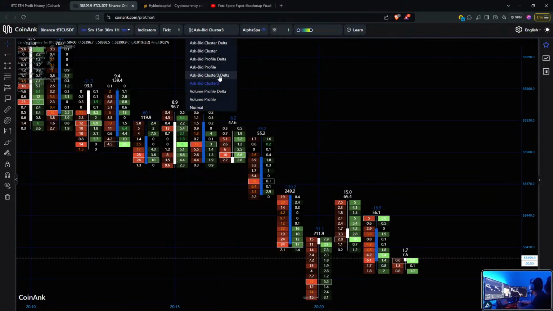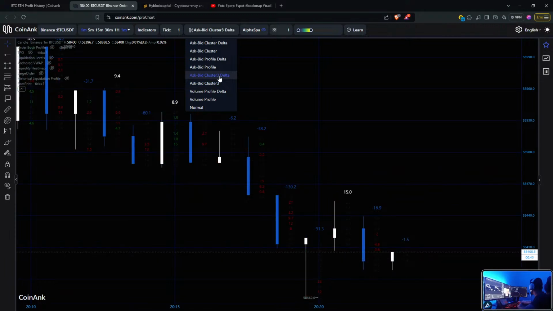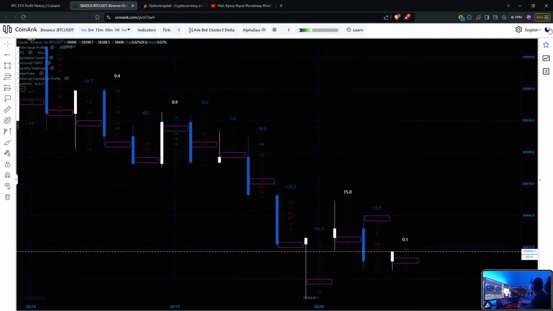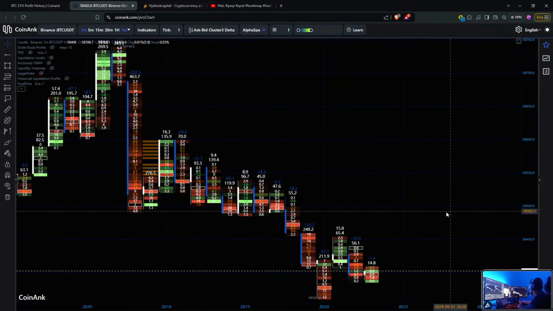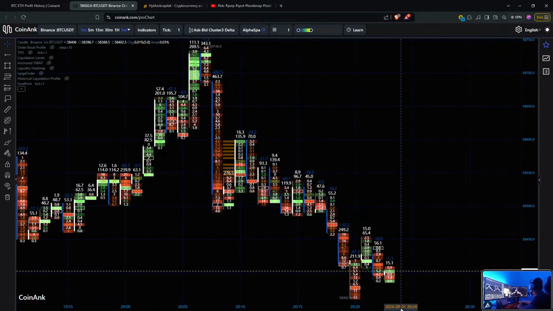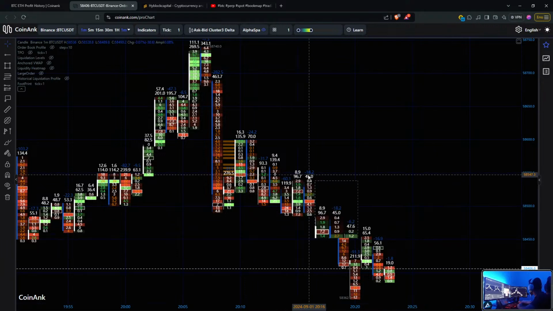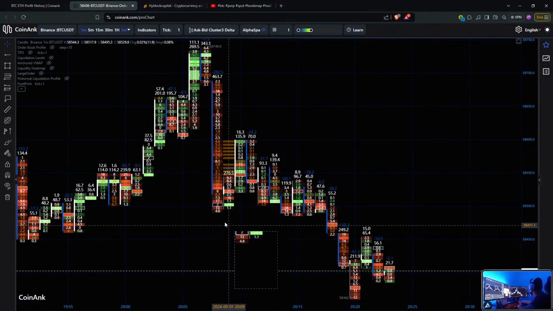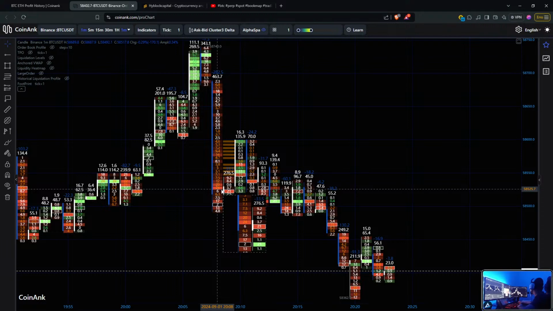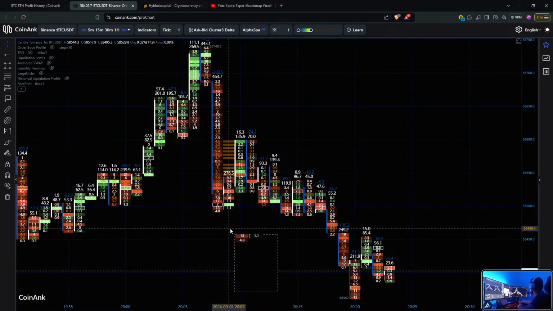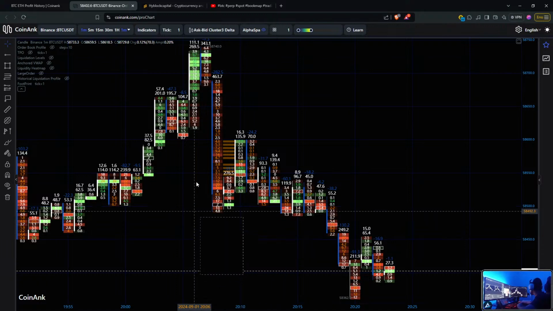It will give you the best type of information, in my opinion, because, for example, I like to use delta, which is essentially this. It shows you where the highest points are, but also how much of a difference there is in terms of who is buying and who is selling.